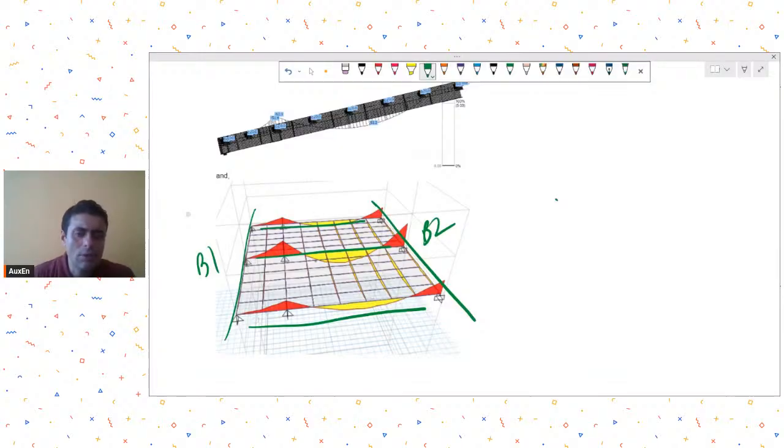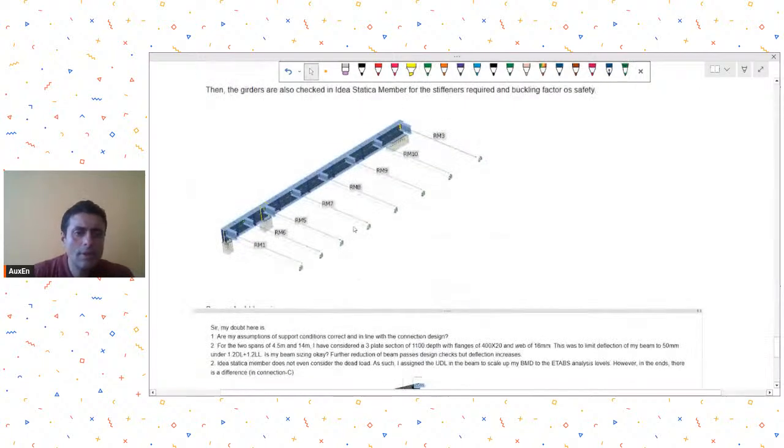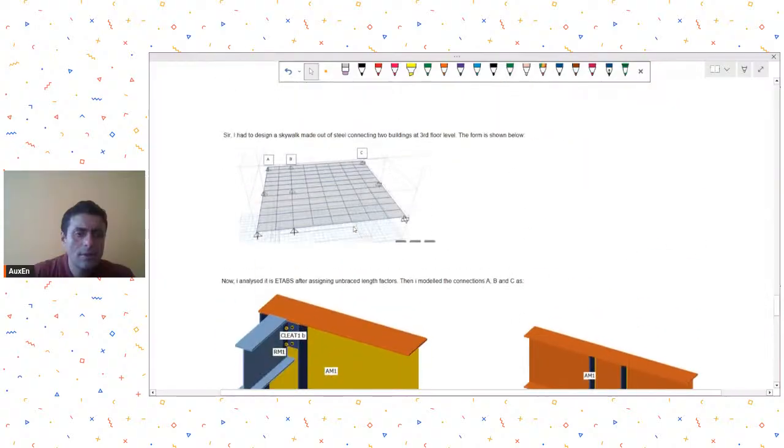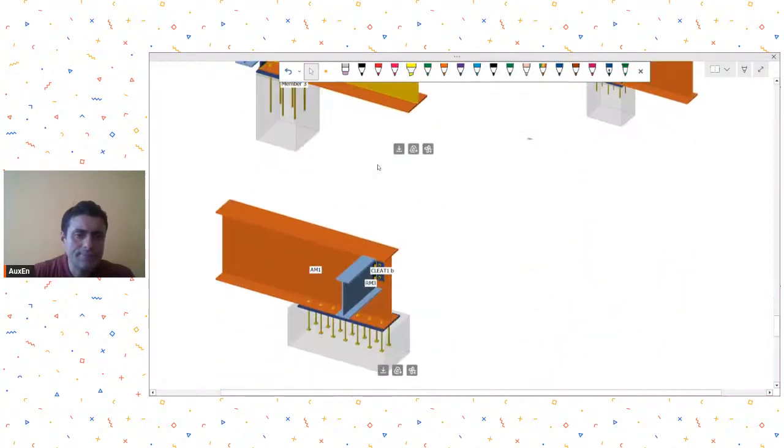This is his skywalk. And these are his girders, let's say girder 1, girder 2, girder 3. And he's calling, wait a minute. Okay, he's calling this as A, this as B, this as C.